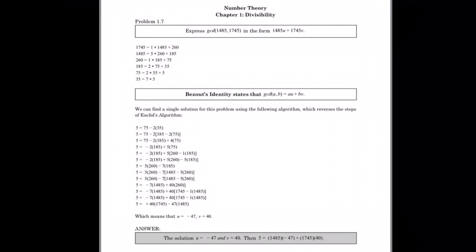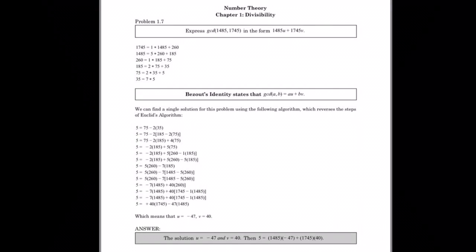Well, to solve Bezout's identity, stating that this 5 equals au plus bv, we're going to work with Euclid's algorithm in reverse. So starting with that second to last line, I'll solve for 5. And down below you'll see, well, 5 then equals 75 minus 2 times 35.